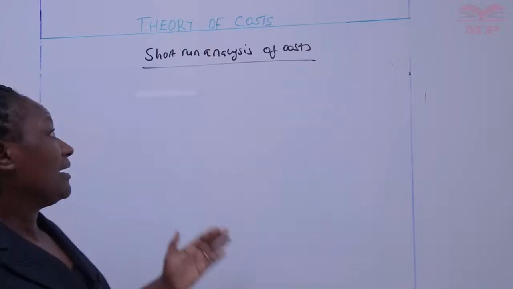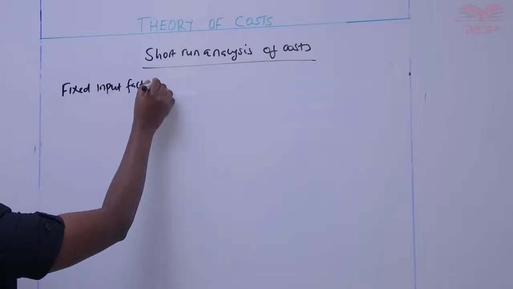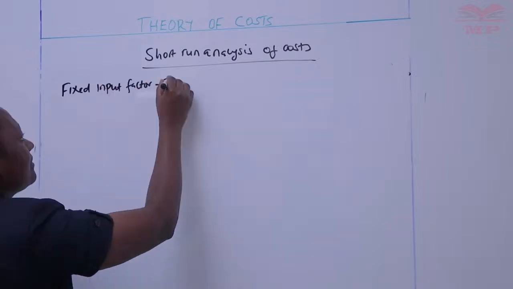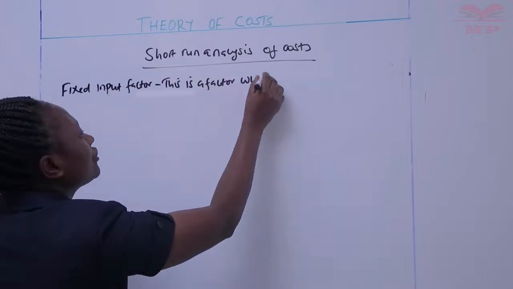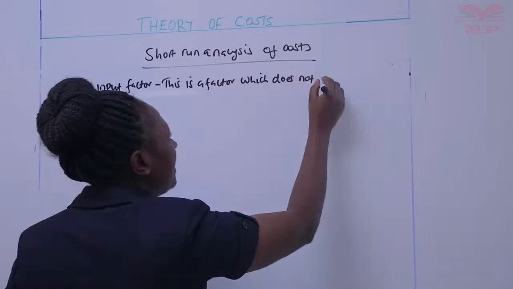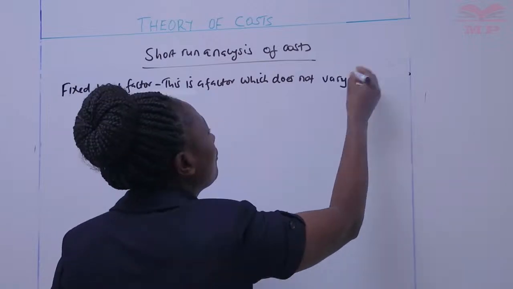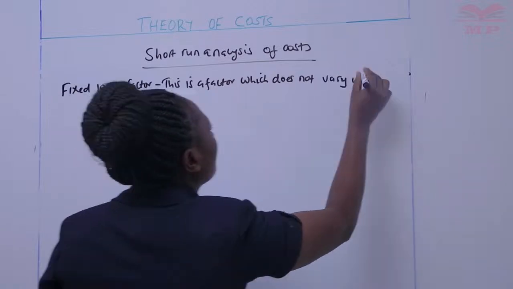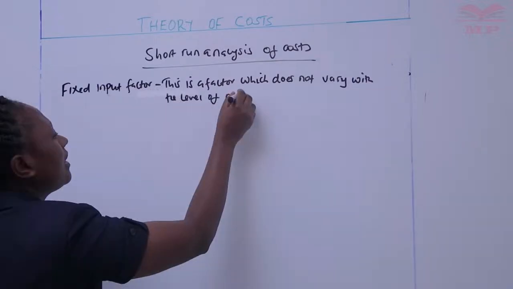So like for example, this is a factor which does not change or vary with the level of output.